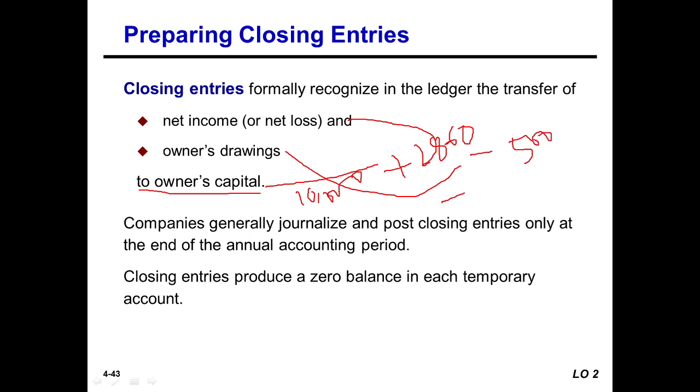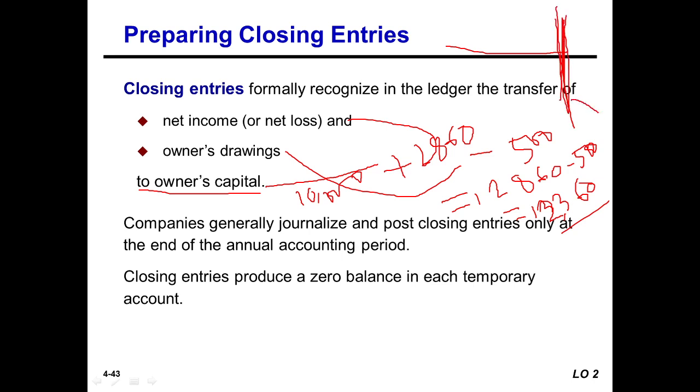After calculation we get 12,860 minus 500, which is 12,360. This is the present owner's capital. That means at the closing date, the owner's capital will be 12,360.